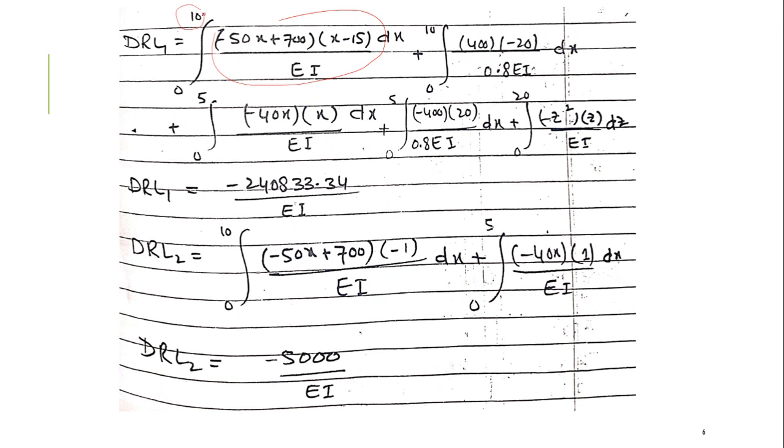This is the limit of the section, the length of the member, and you have to integrate it. For instance, in the previous slide, minus z square has been multiplied with z under the limit 20 to 0.